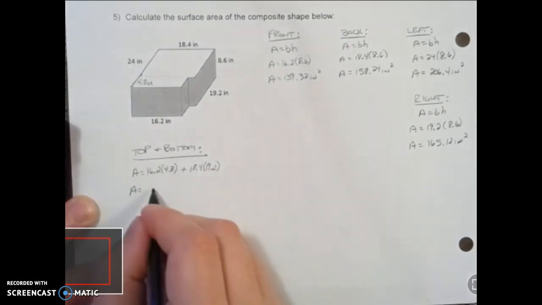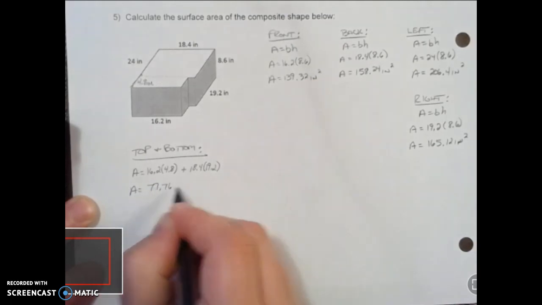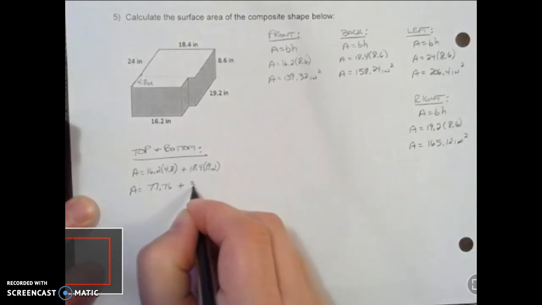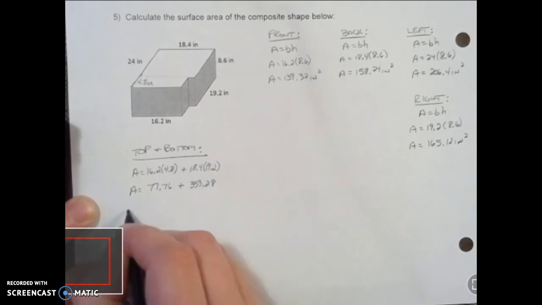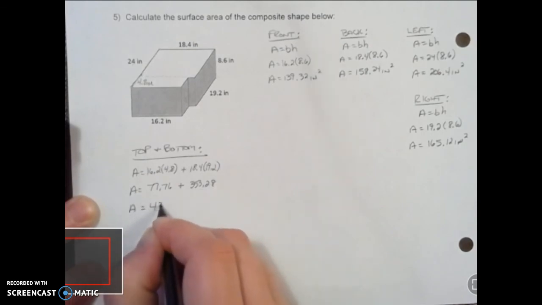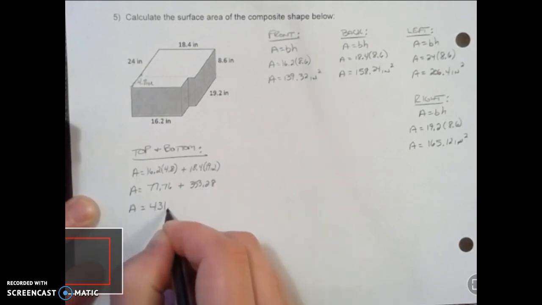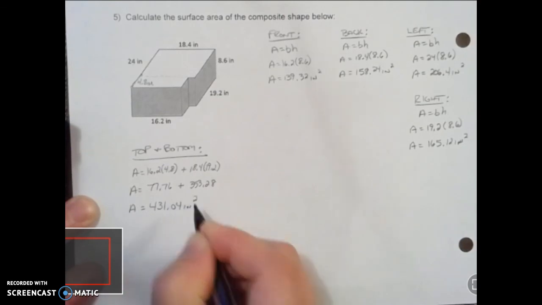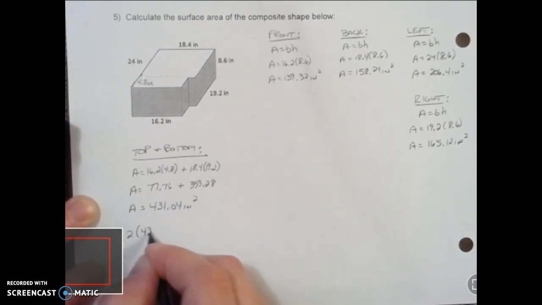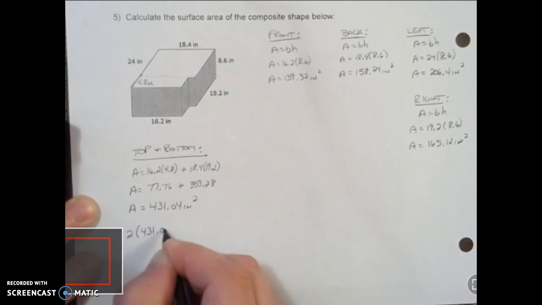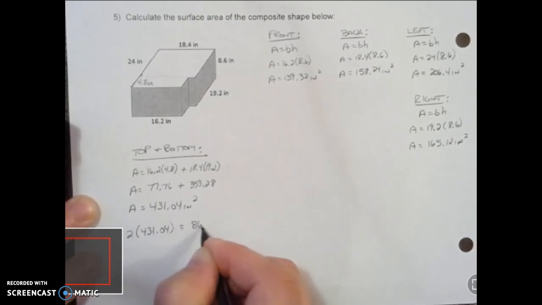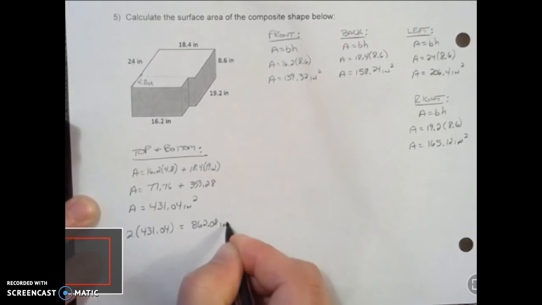When I multiply first here, I get 77 76 plus 353 28 hundredths. Now I add those together and I get 431 400 square inches. But I'm going to have to double that because the front and the top and the bottom are congruent to each other, which is going to give us 862 800 square inches.